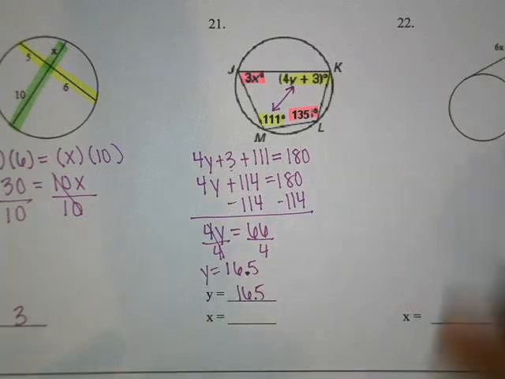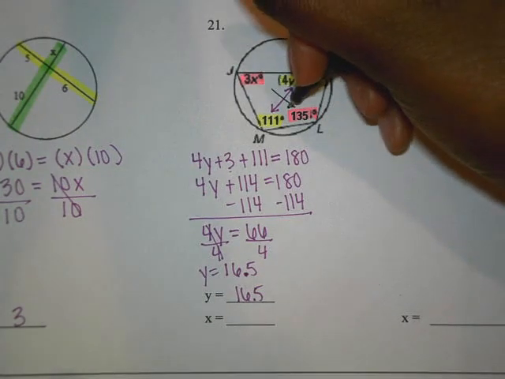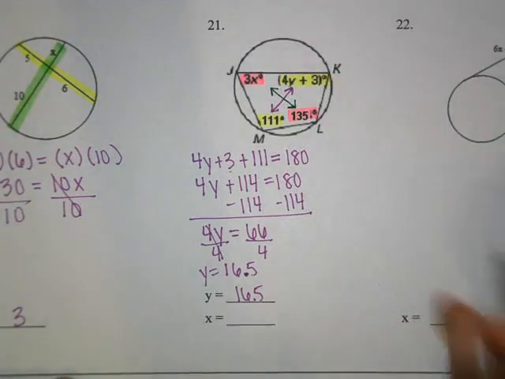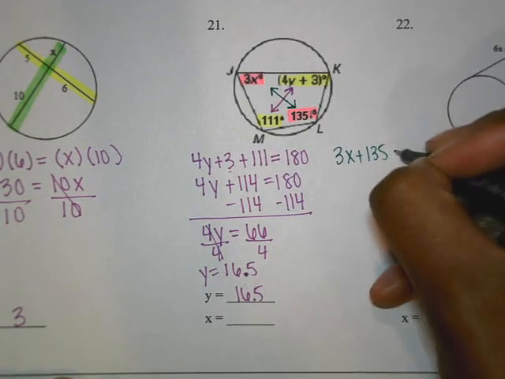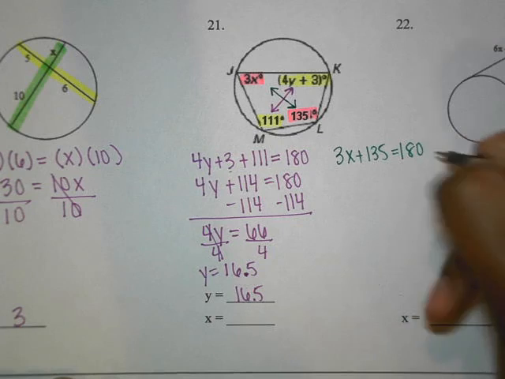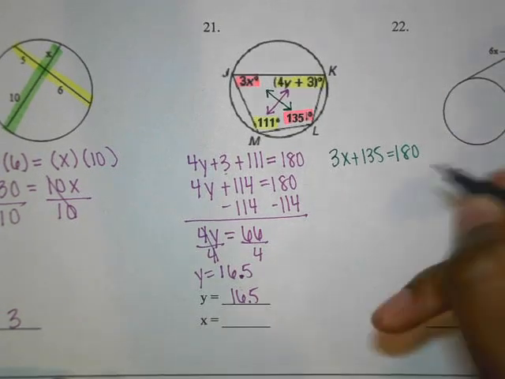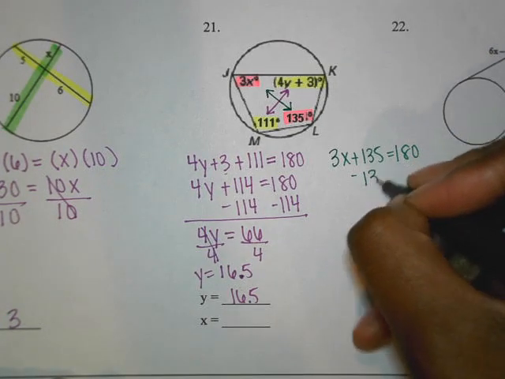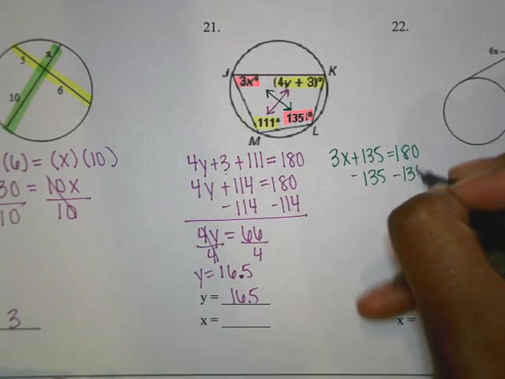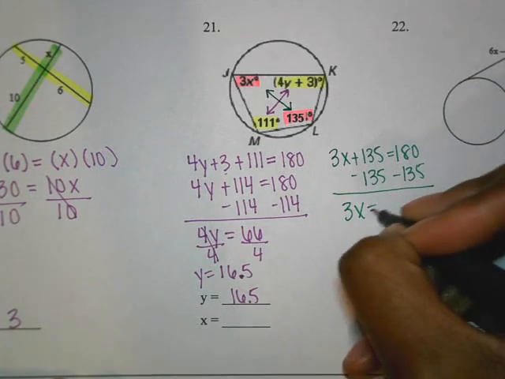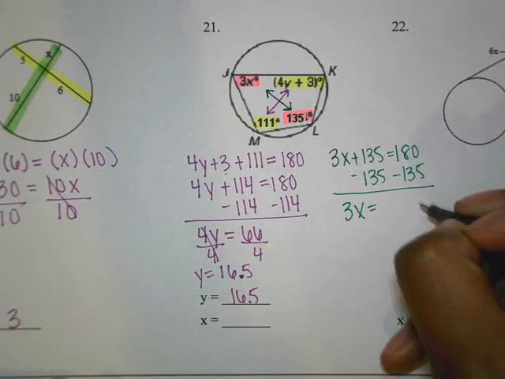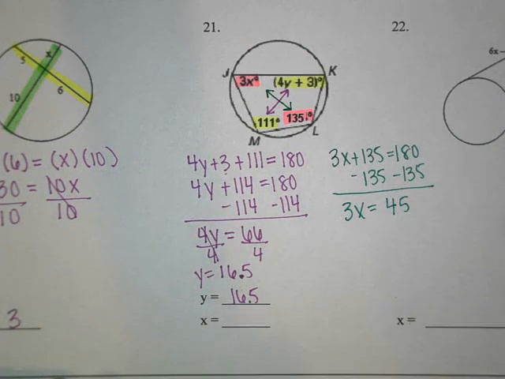The other part of our answer, we've got to solve for x. So these two angles, 3x plus 135, are supplementary, so they will equal 180. If I solve for x, I'm going to subtract 135. So 3x is equal to 45.